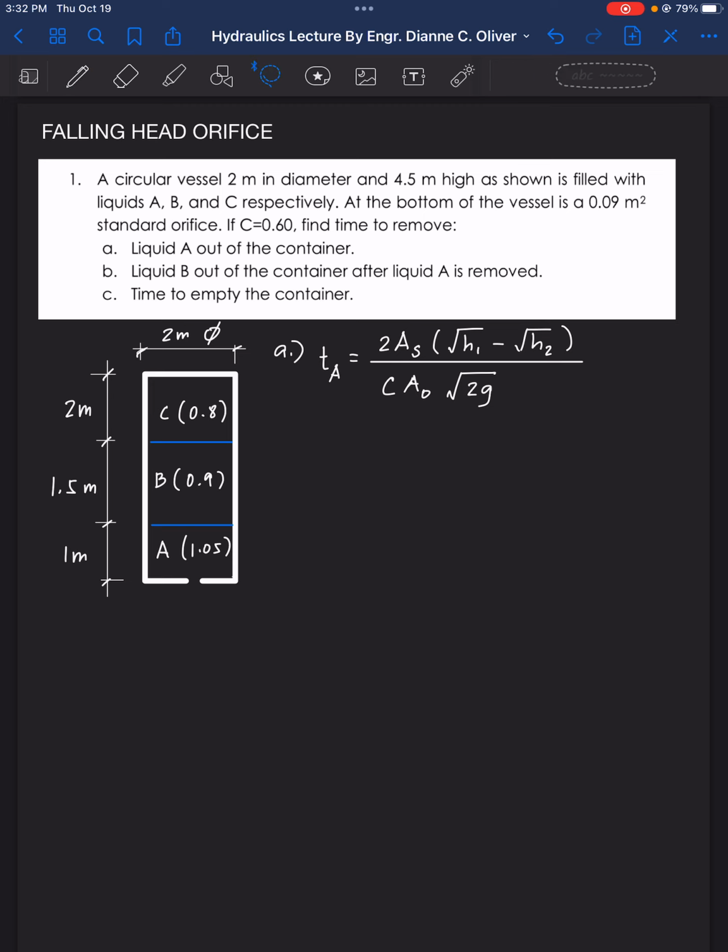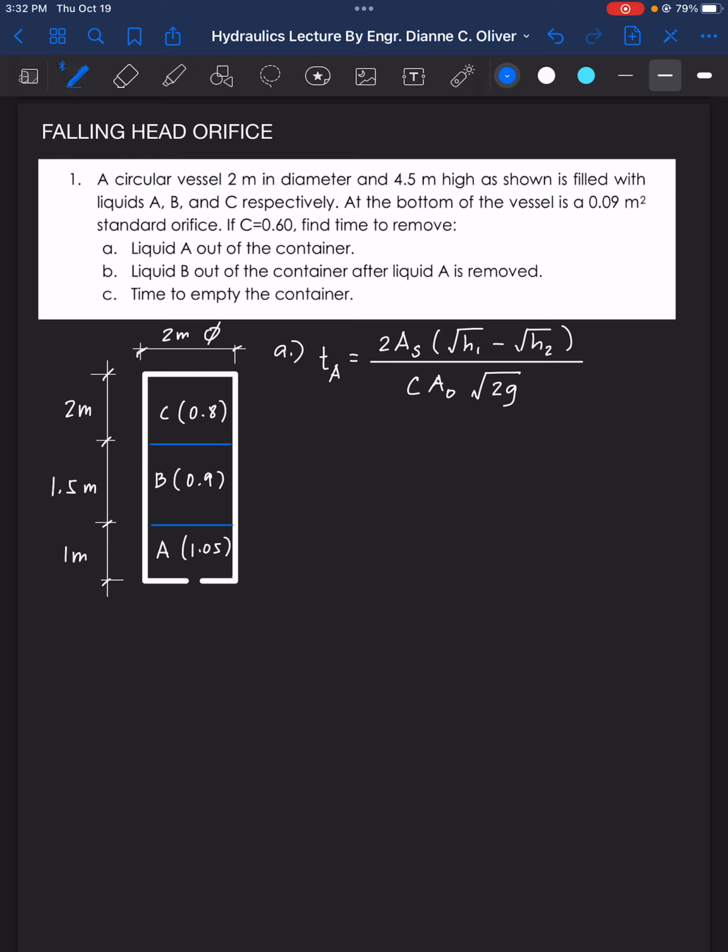This is the formula when the area of the water surface does not change.